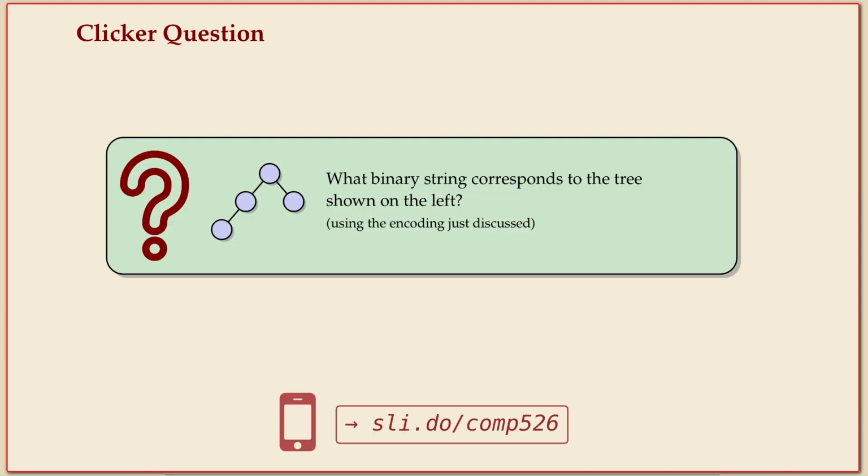So let's do an example with you, if Slido works again. So here's a little binary tree, and you're supposed to do the encoding I just described. So I should maybe copy that over.